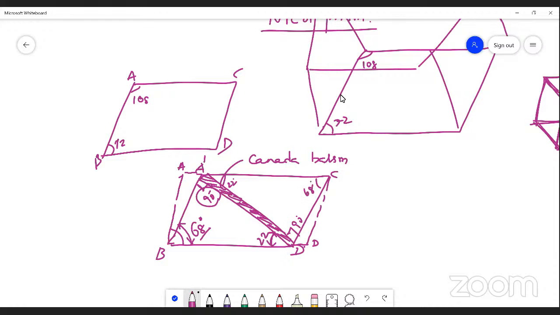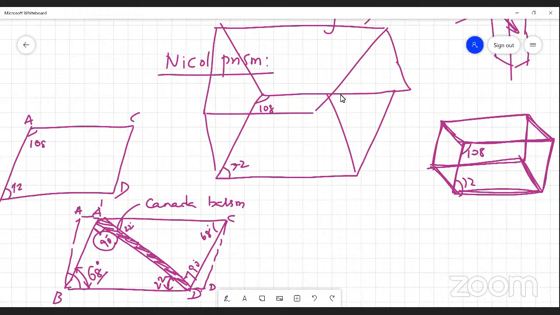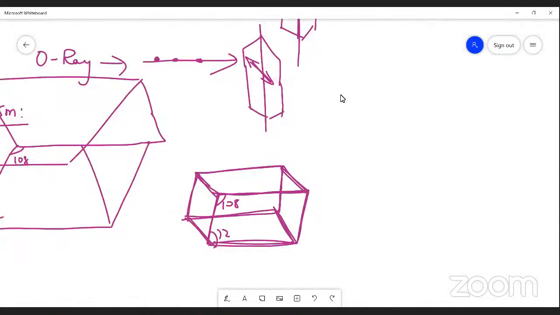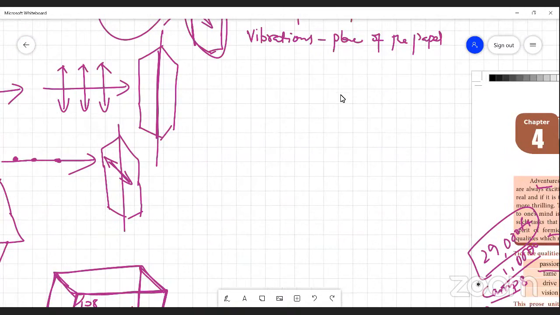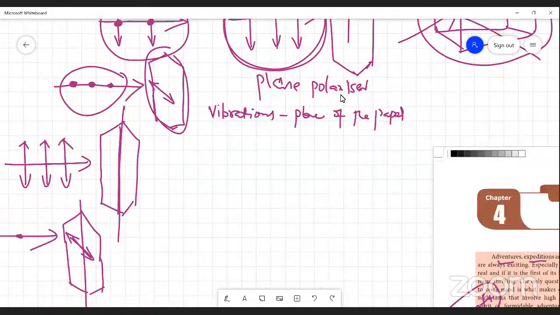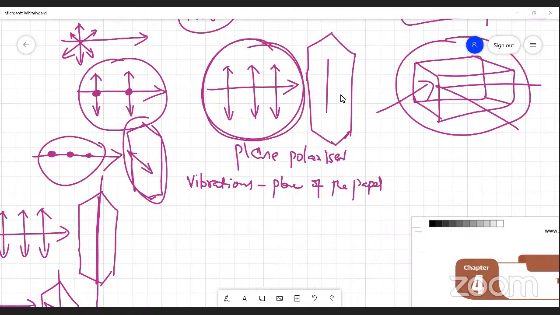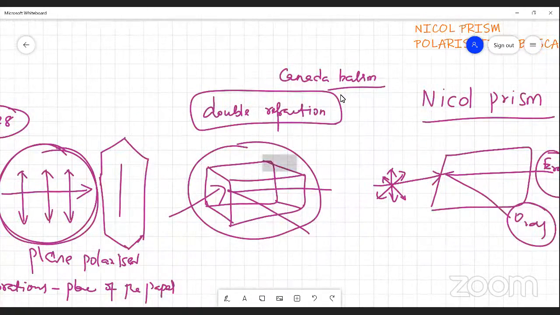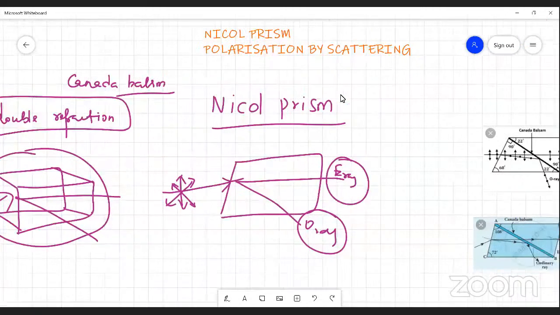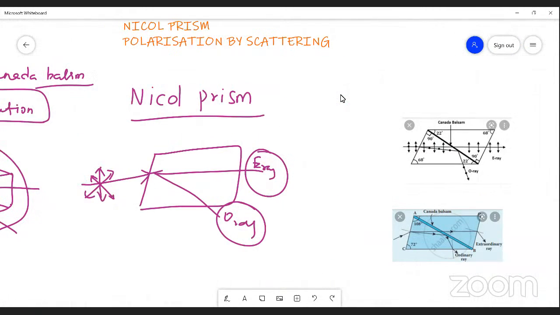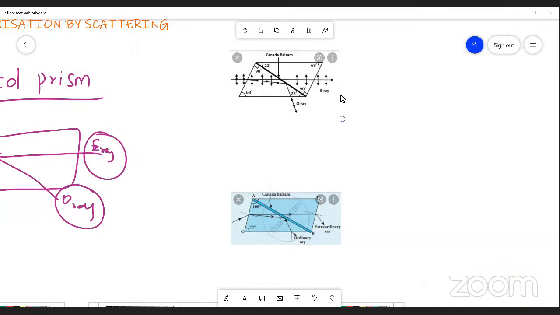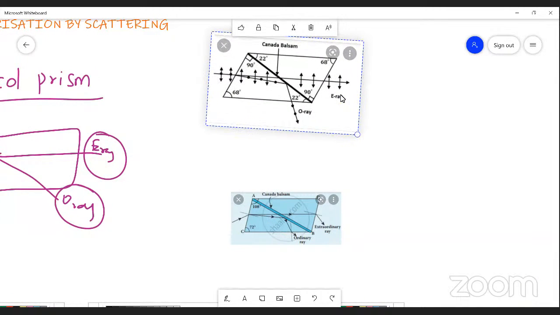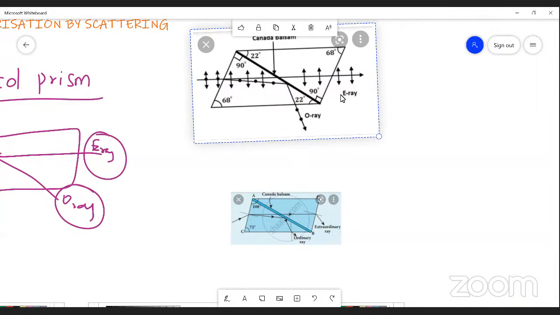This is the basic information of the Nicol prism. I give you one diagram. After cutting the calcite crystal along the diagonal, the angles change.